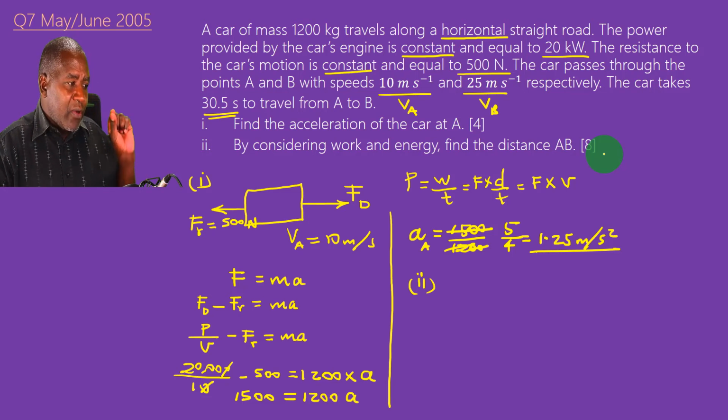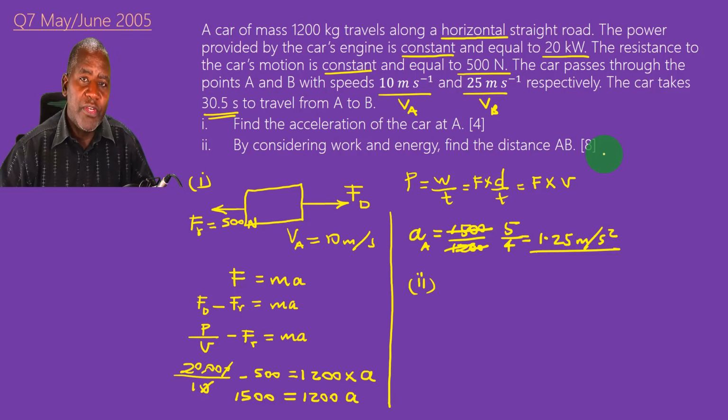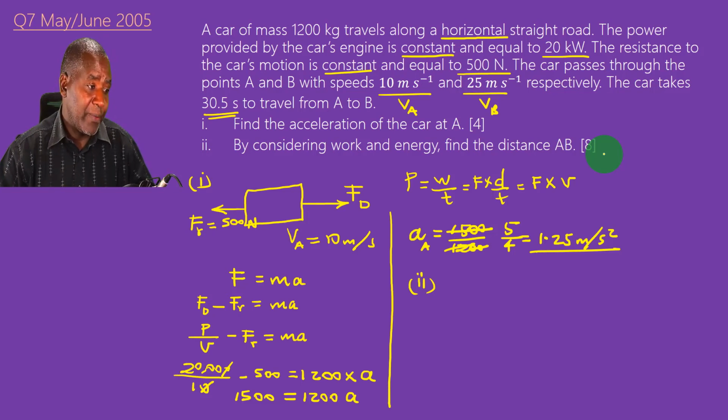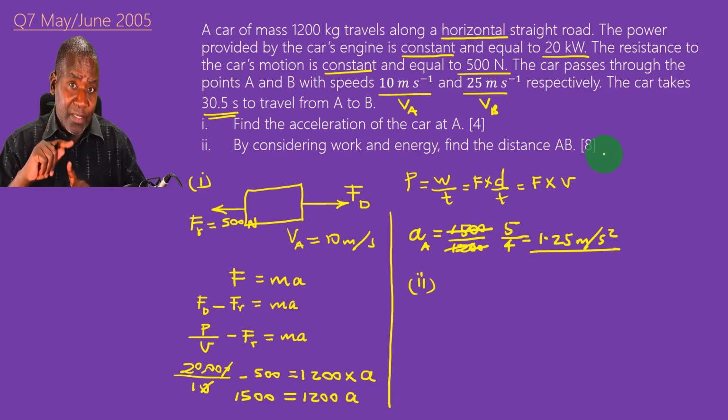Now, you're told by considering work and energy, find the distance AB. In my previous video, the solution to the 2004 May-June mechanics paper, I told you that there was a question that was using work and energy, and it could also be solved using kinematics.